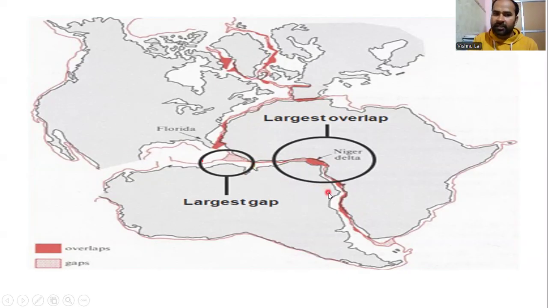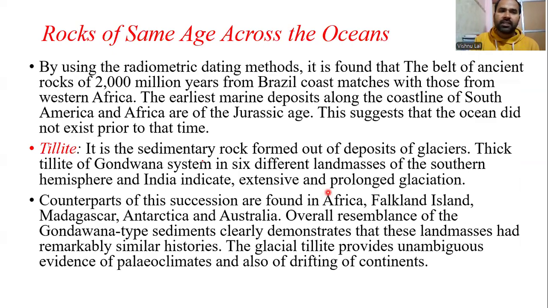It seems that South America can be fitted with the African continent by looking at the symmetry of their coastline. So the first evidence he presented is the jigsaw fit, the matching of the continents.